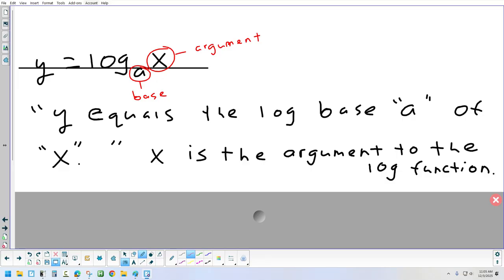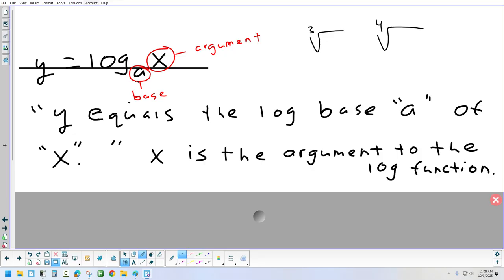And what the base does is it controls what kind of log you are doing. Just like when you have roots, I can put a number here that controls the type of root. Right? Those are both roots. The difference is one of them is a cube root, one of them is a fourth root. There's a bunch of different kinds of roots I can do. Well, there's a bunch of different kinds of logs you can do.